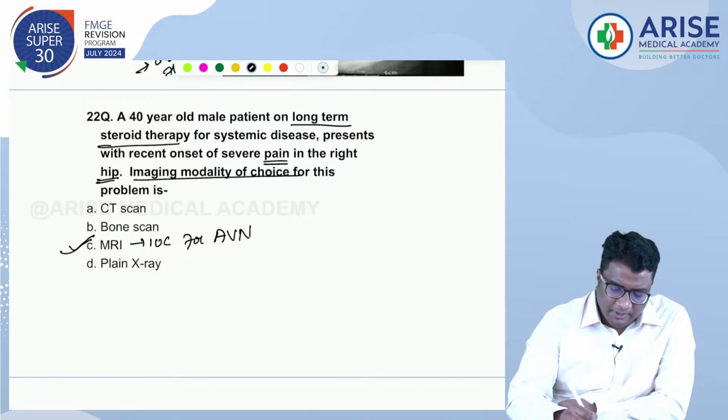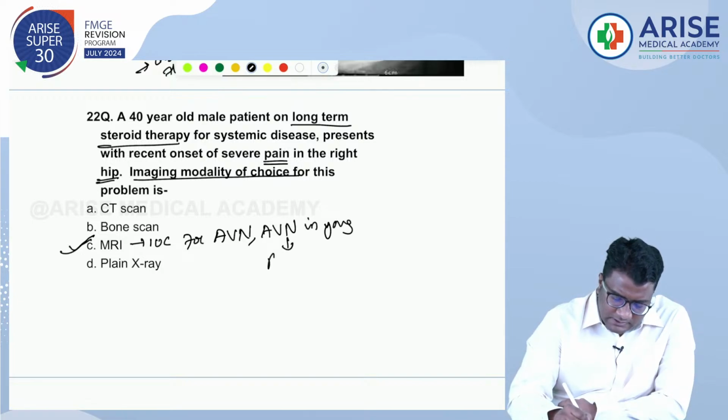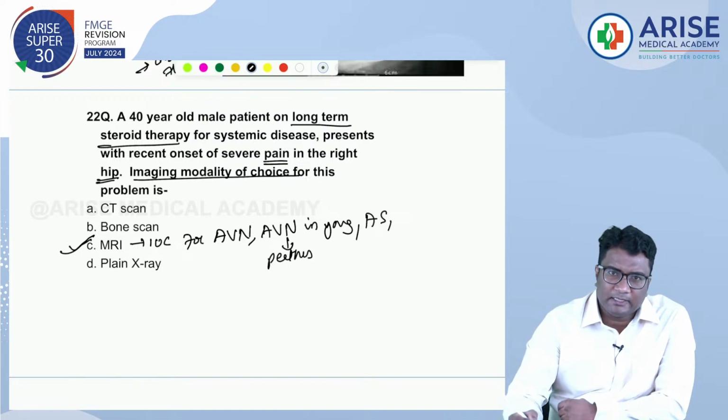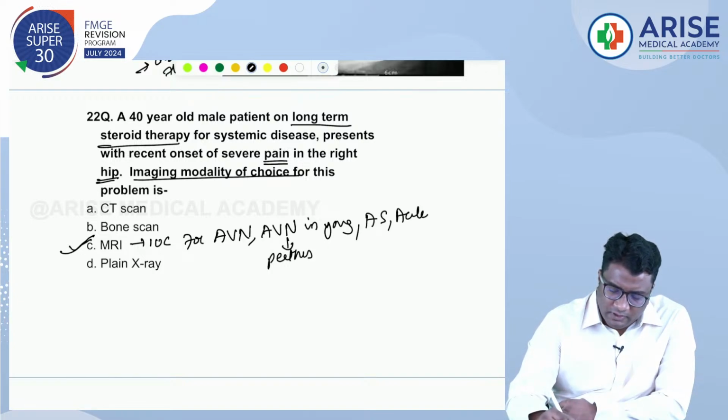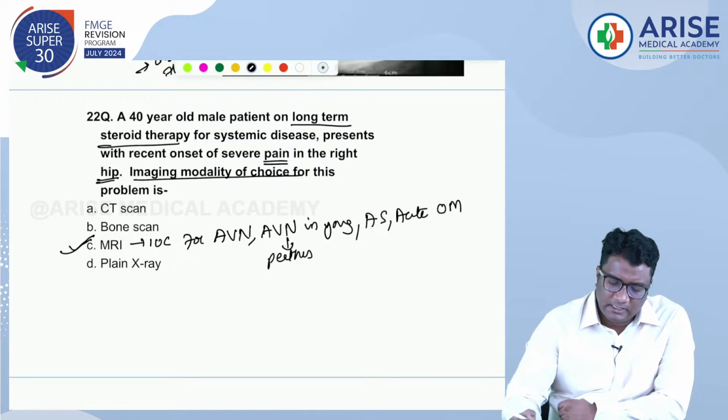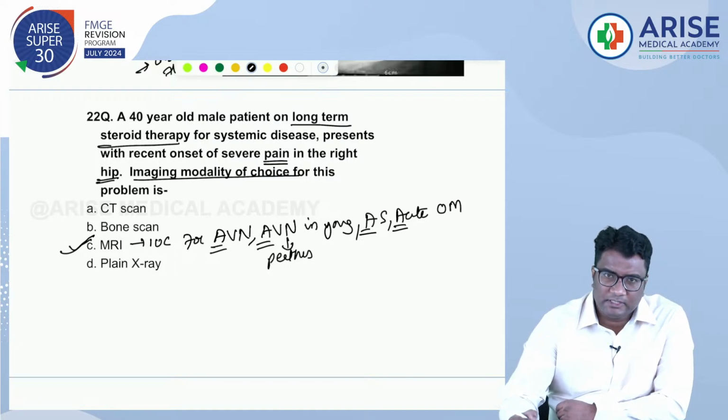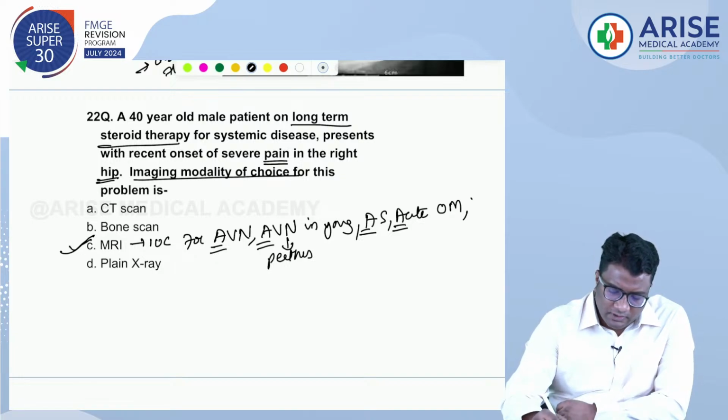MRI is also the investigation of choice for avascular necrosis in young. What do you call that? Perthes disease. It is also the investigation of choice for ankylosing spondylitis. It is also the investigation of choice for acute osteomyelitis. Remember these 4 A's for which the investigation of choice is MRI. And also it is for stress fracture, march fracture or stress fracture.